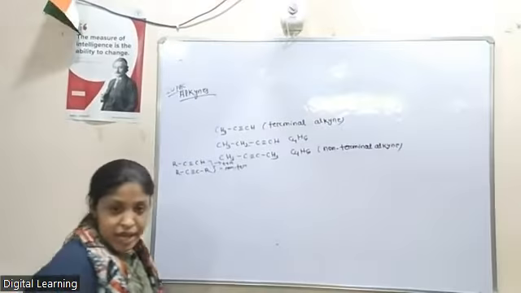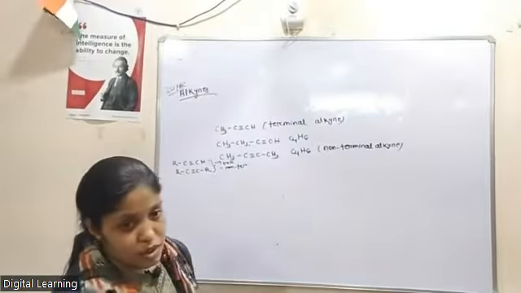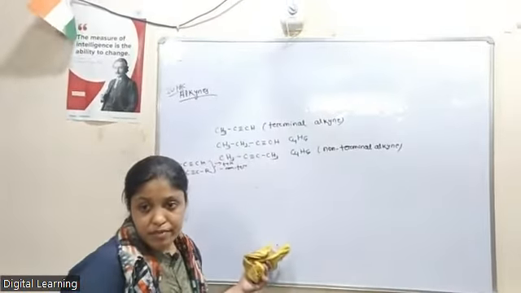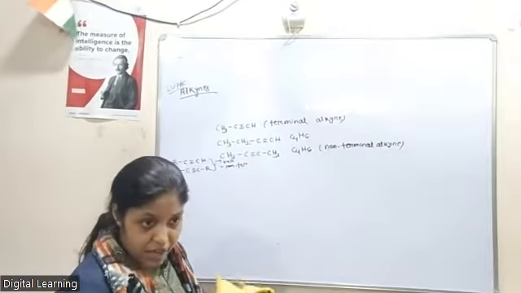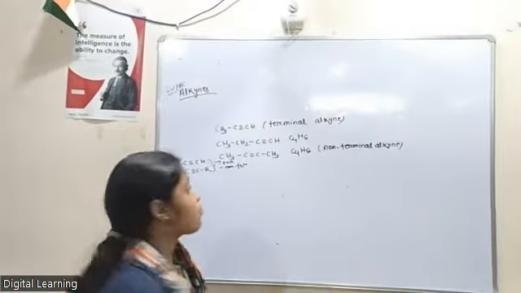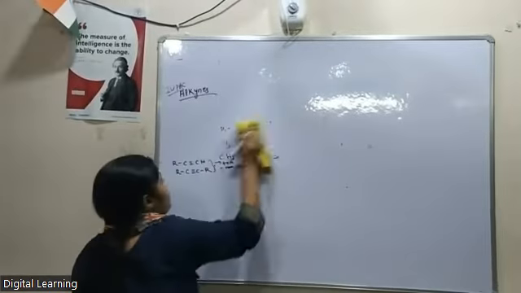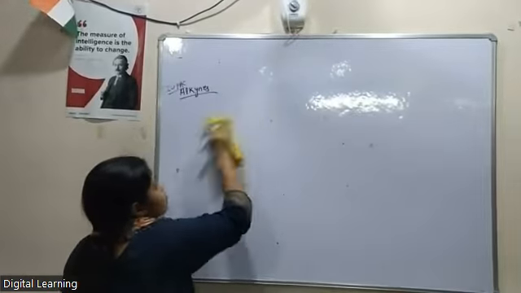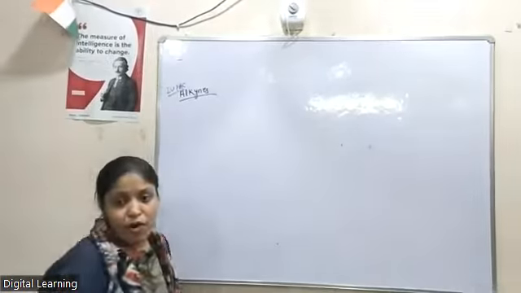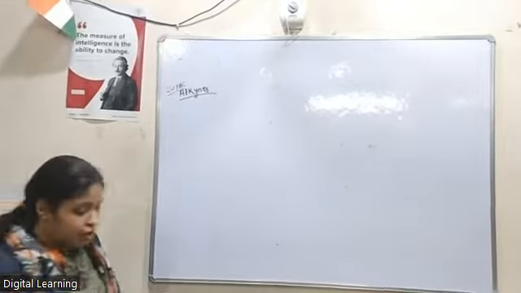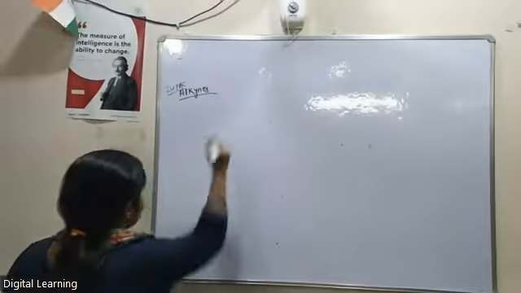Got it? Next slide. So the basic information about the alkyne is clear. Then nomenclature. Come to nomenclature.